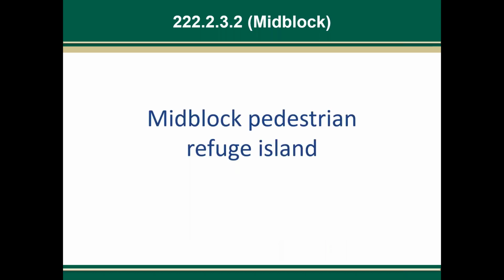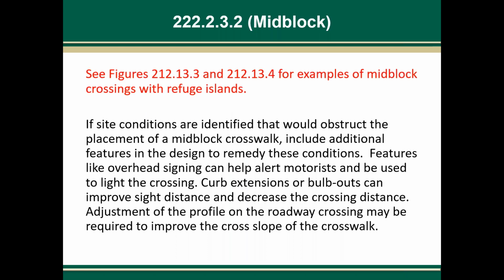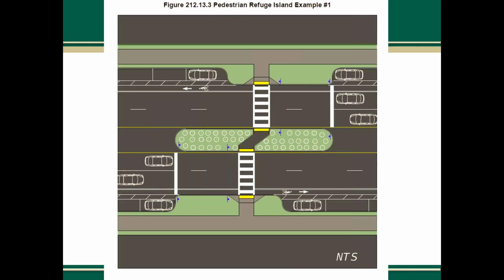In the mid-block section of this chapter, we talk about mid-block pedestrian refuge islands. The new text is at the top here in red. See figures 212.13.3 and 212.13.4 for examples of mid-block crossings with refuge islands. And so here are the images that were put together. 212 is the intersections chapter.